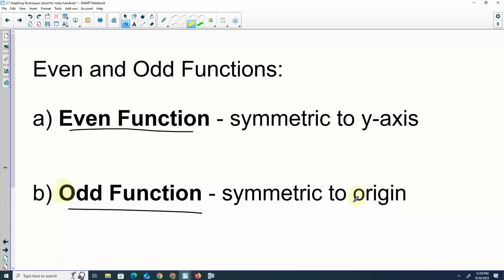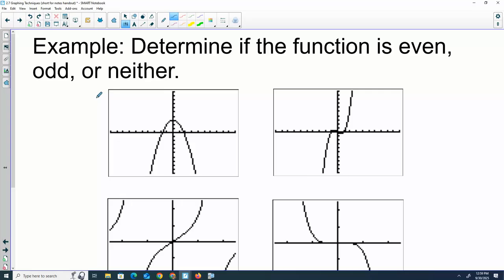So if we are being asked in terms of functions, you might just be told, tell me if this is even or odd. If I look at this one, even, odd, or neither? Even. This is symmetric to the y-axis. Think about if I flip this thing over the y-axis, it's the same on both sides, so that is even. Okay, is this one symmetric to the y? No. Odd is symmetric to the origin.